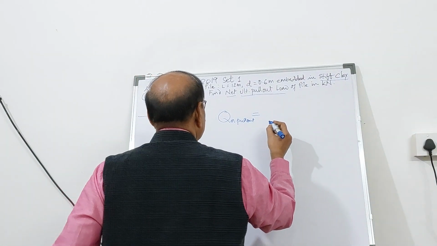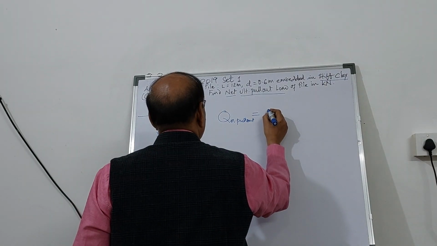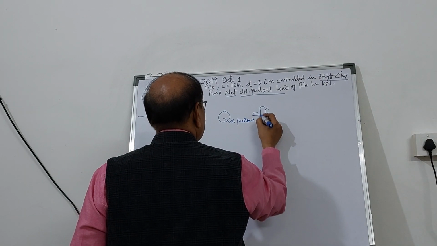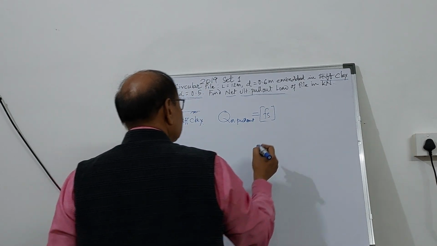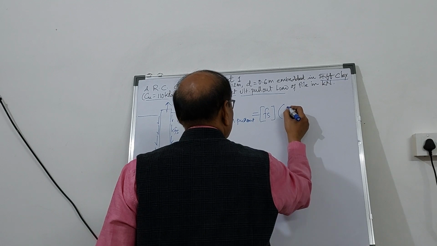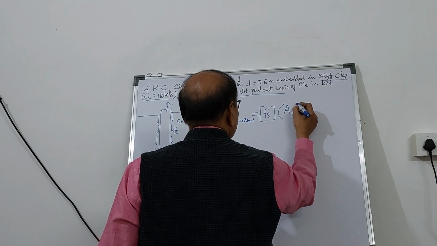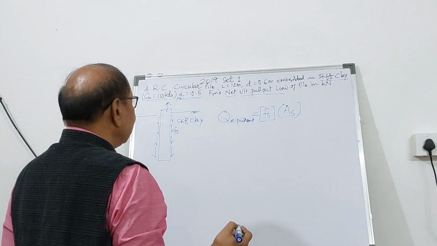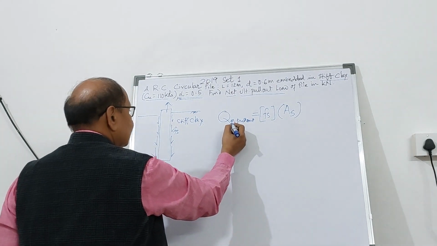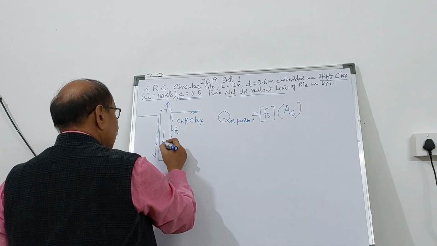So it will be simply equal to the magnitude of the unit skin friction, and it is going to act over the shaft of the pile. So you multiply it by the shaft area, and because it is net, the weight you are not going to consider.